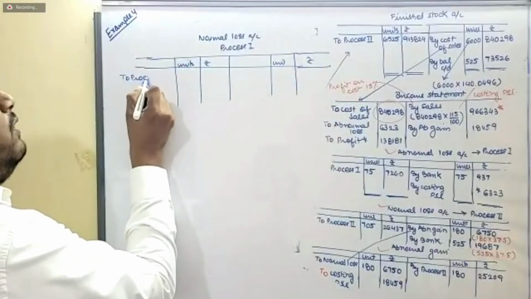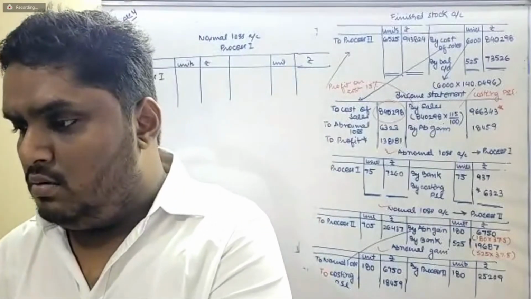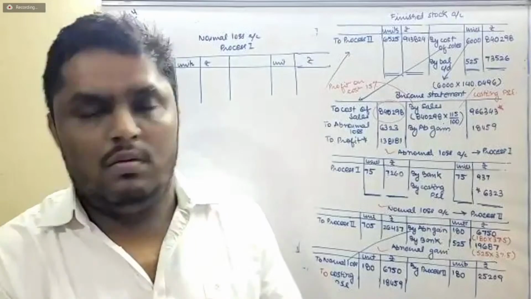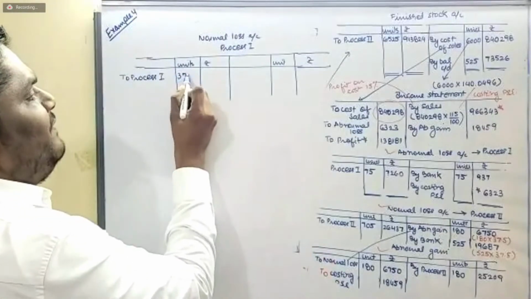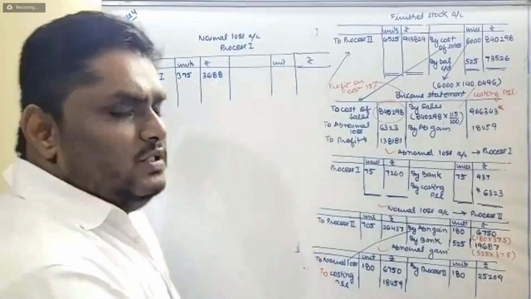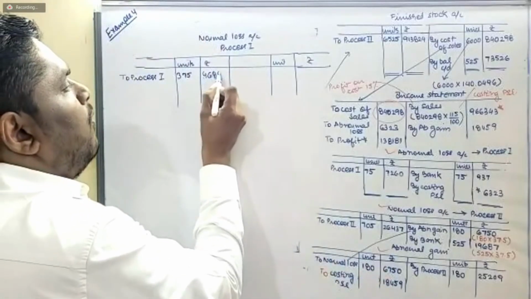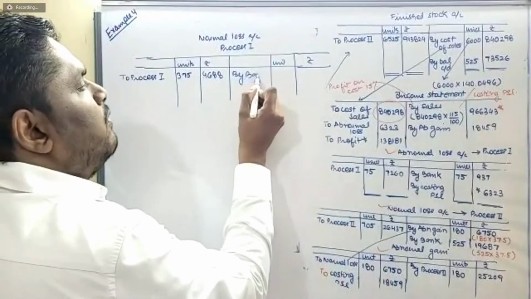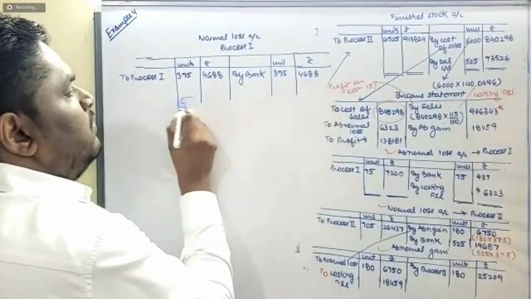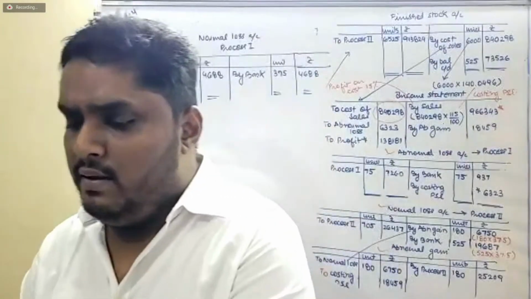To process first account, whatever the normal loss is, the normal loss was 375 units multiplied by 12.5, that is 3688. This was my normal loss, sorry, 4688. So by bank, 375 and 4688. That's it. This is how a normal loss account of process first is prepared.